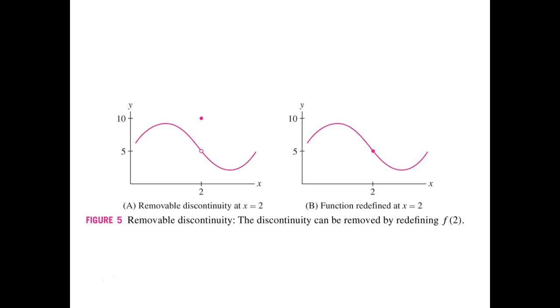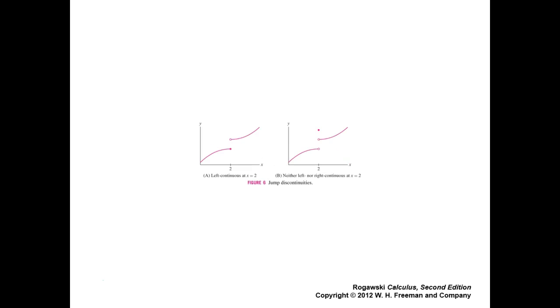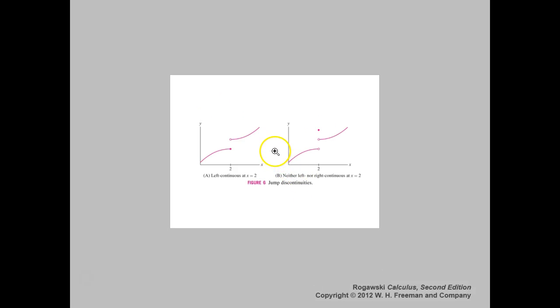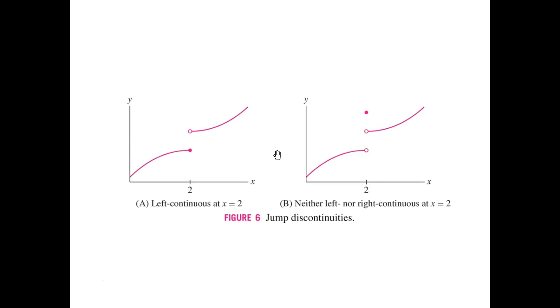Now, here's another type of discontinuity. This is called a jump discontinuity. In this case, the limit from the left and the limit from the right are different values. There's no way you can define the value at x equal 2 to bring those two together.